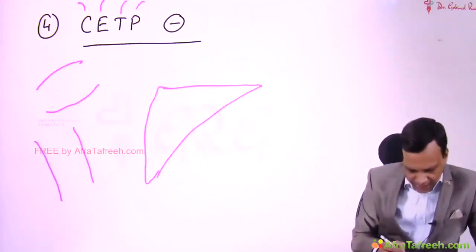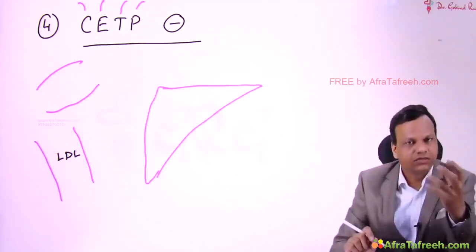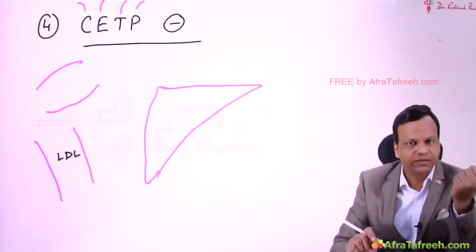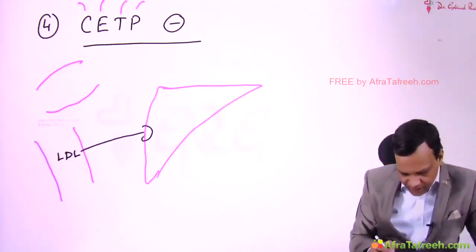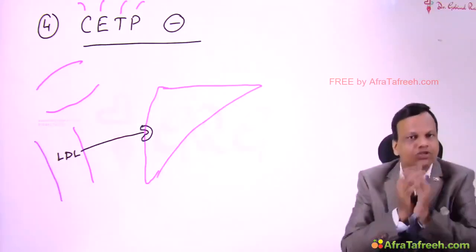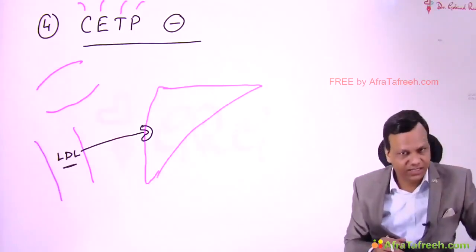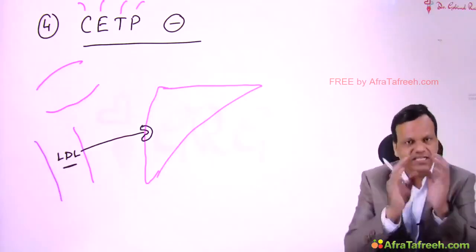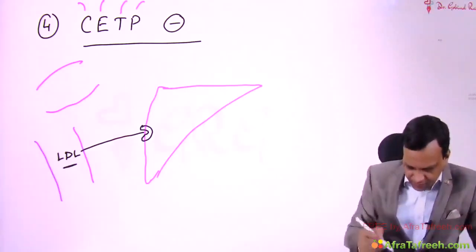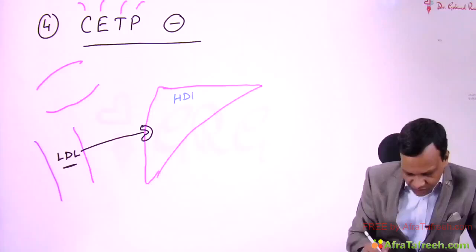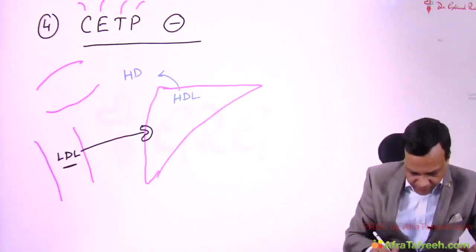We know LDL etc., when they are excessive in the blood, can form thrombus. Atherosclerosis can happen, so they will deposit in the blood vessel, and this LDL is taken up by the liver so that thrombus does not occur. So LDL is a bad cholesterol, it can deposit in the blood vessels. But on the other hand, HDL is a good cholesterol. What the liver does is form HDL, which is called nascent HDL, and it leaves this HDL in the blood.